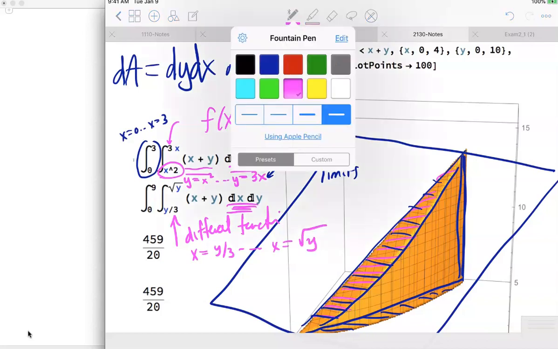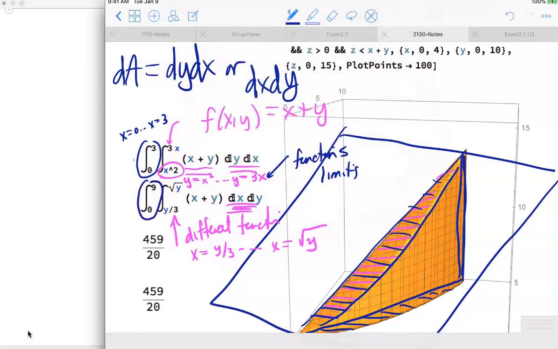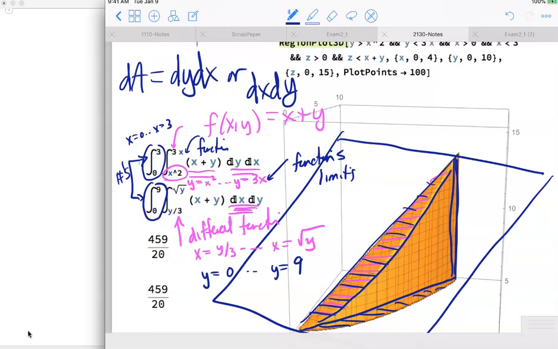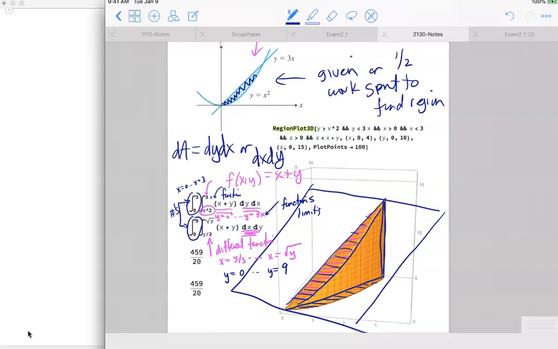And then on the outside, we see a common feature that y will go from a constant 0 up to y equals a constant 9. So in both cases, in both integrals, you have numbers on the outside integral, but you have functions on the first integral. Okay? Now that would be the setup phase of the problem.